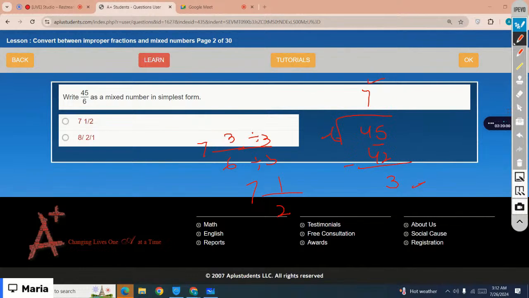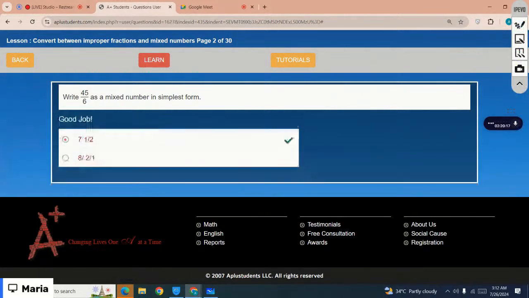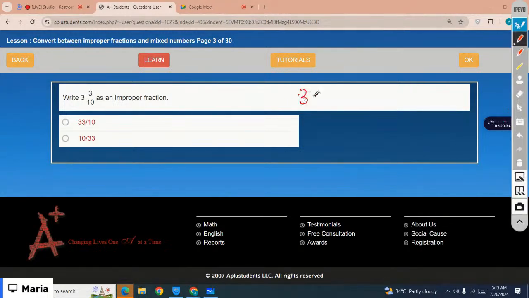Okay, let's move on to the next one. Write 3 whole 3 over 10 as an improper fraction. So 3 is the whole number, right?